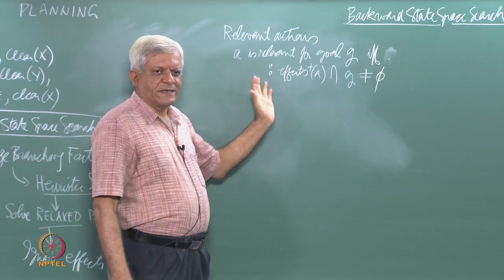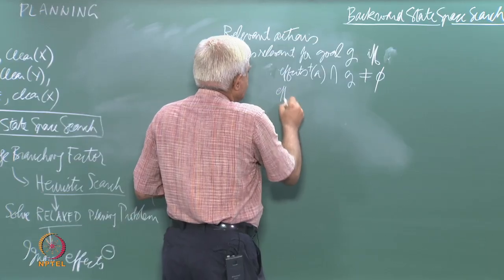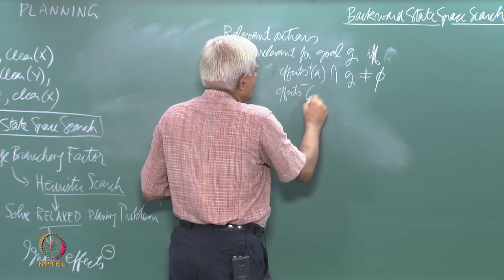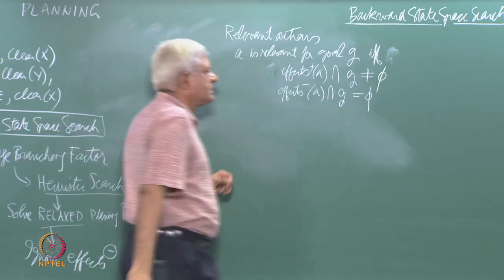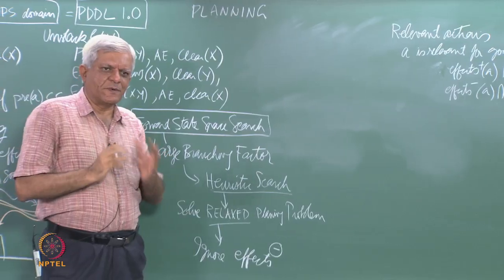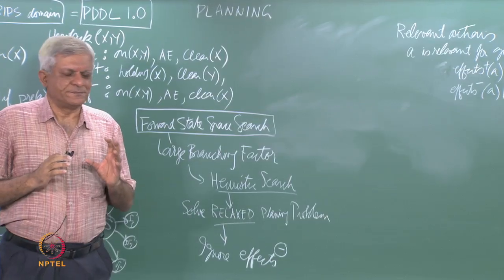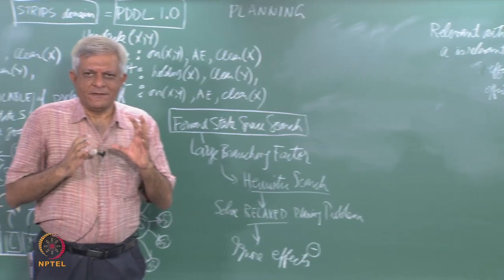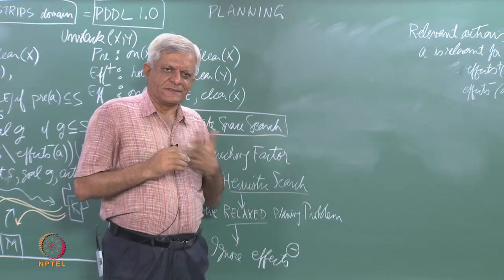Then we say action A is relevant, but there is another thing you want, which is that effects minus of A and G must be equal to phi, that it must not produce any negative effect which you want in the goal to be true. Remember that the goal is a set of predicates that you want to be true, and you are looking for actions which will achieve the goal essentially.